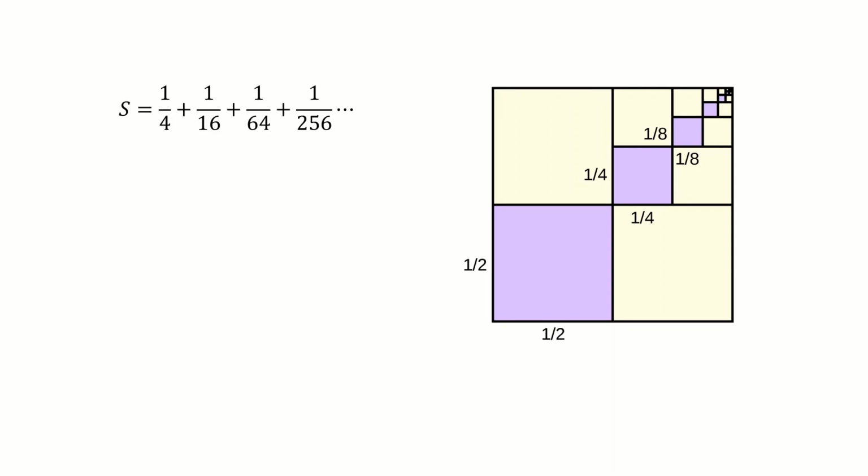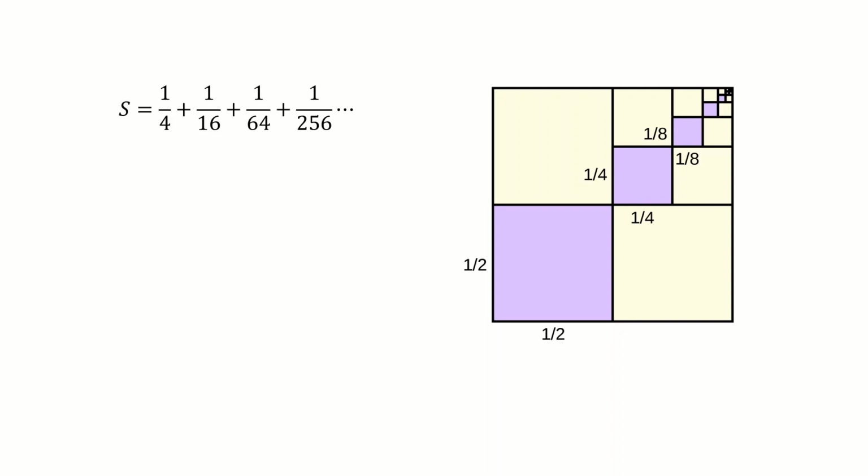Let's consider this geometric series. We start with a square, and we divide this square into 4 equal segments. We take one segment and again divide it into 4 equal segments, and we continue forever.